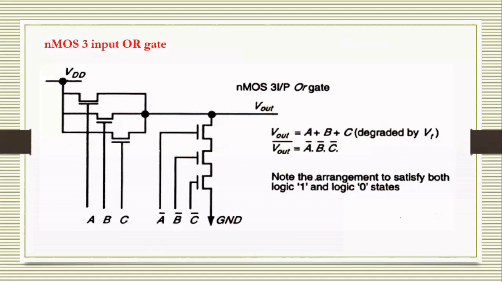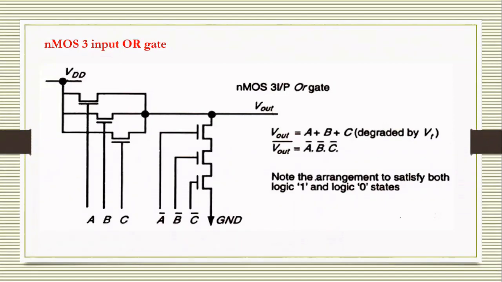If we want to implement for logic 0, the right side circuit is used, wherein 3 NMOS pass transistors are connected in series with complement control inputs. A bar, B bar, C bar are applied to the gates of the NMOS pass transistors present on the right side.